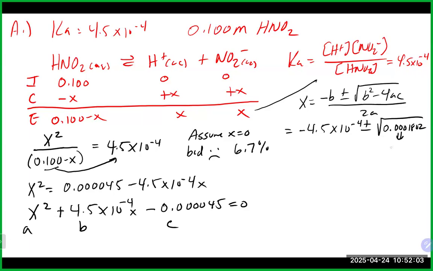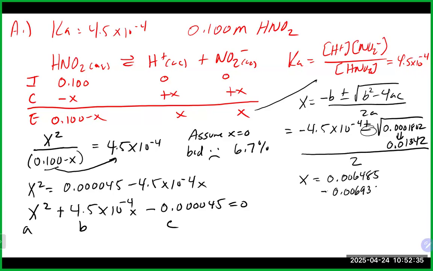And then if you square root it after that, you get 0.01342. That's all going to be divided by 2a, which basically is 2 in this case. This is again going to give us our two values possible here. Going in the plus direction there, it's going to get us an x value of 0.006485. Going in the negative is going to give us a negative value of negative 0.006935.